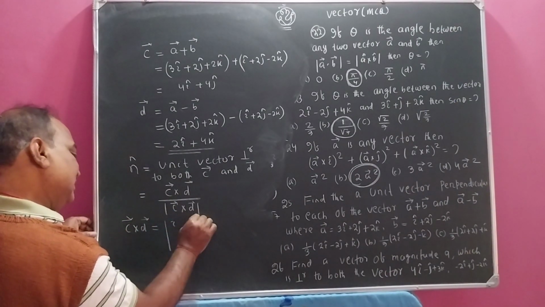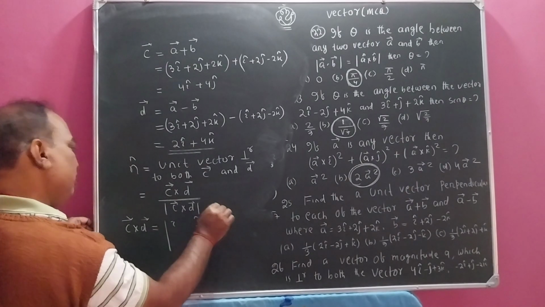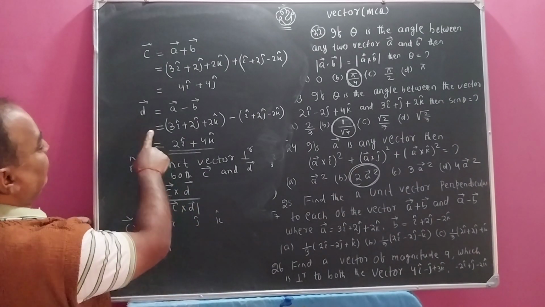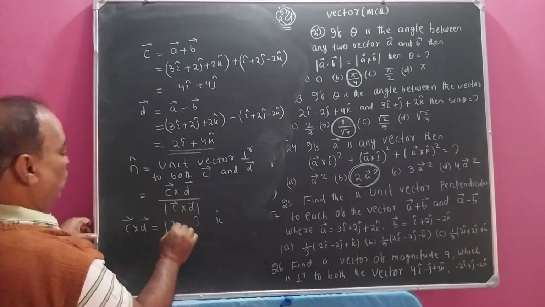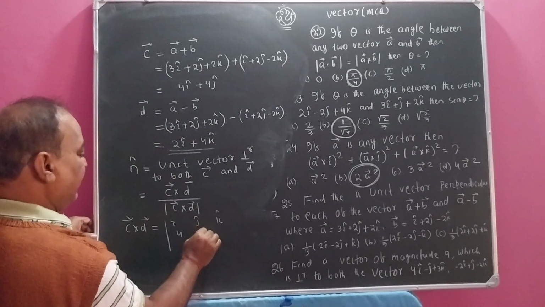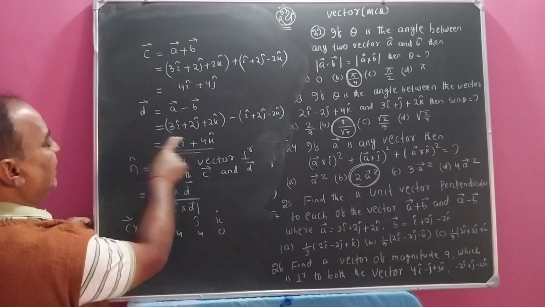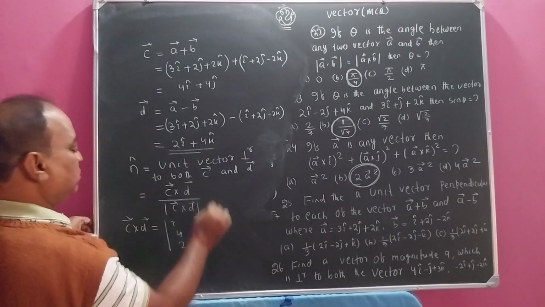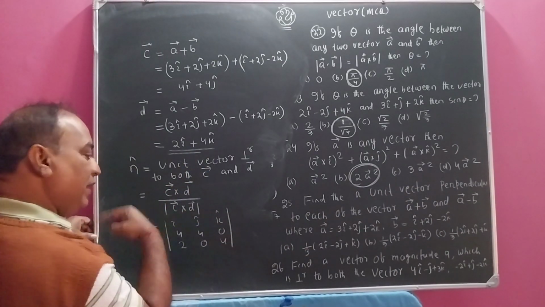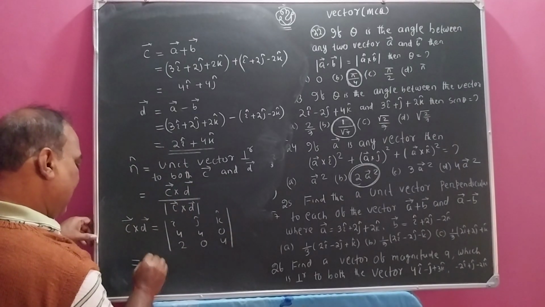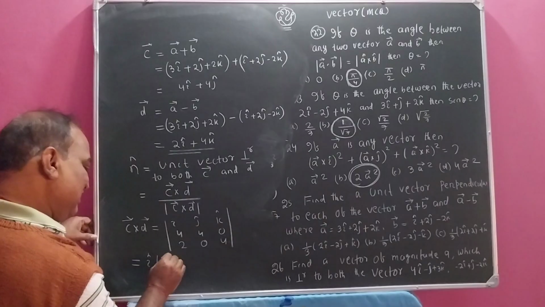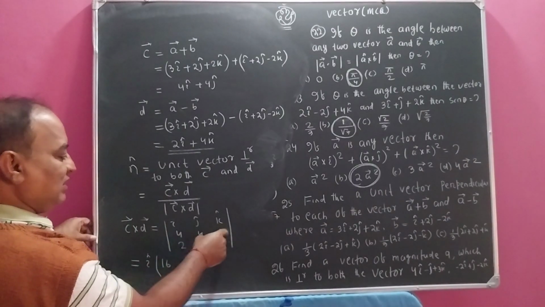i cap, j cap, k cap. Components of c are 4, 4, 0. Components of d are 2, 0, 4. So evaluating now, i cap: 4 into 4, that is 16, minus 0.